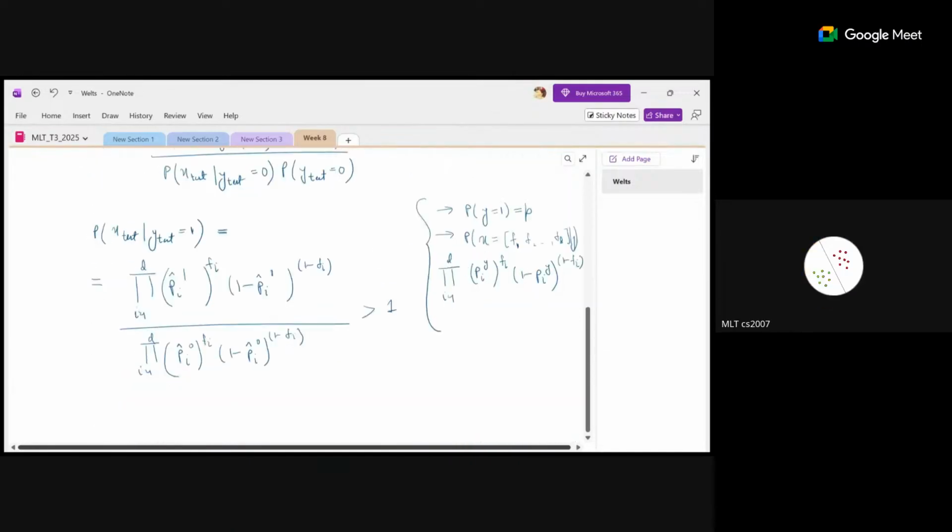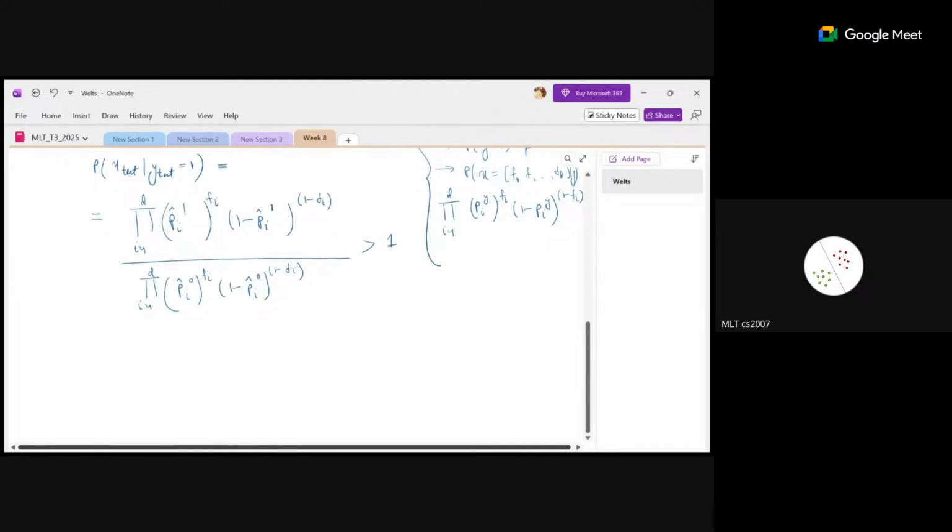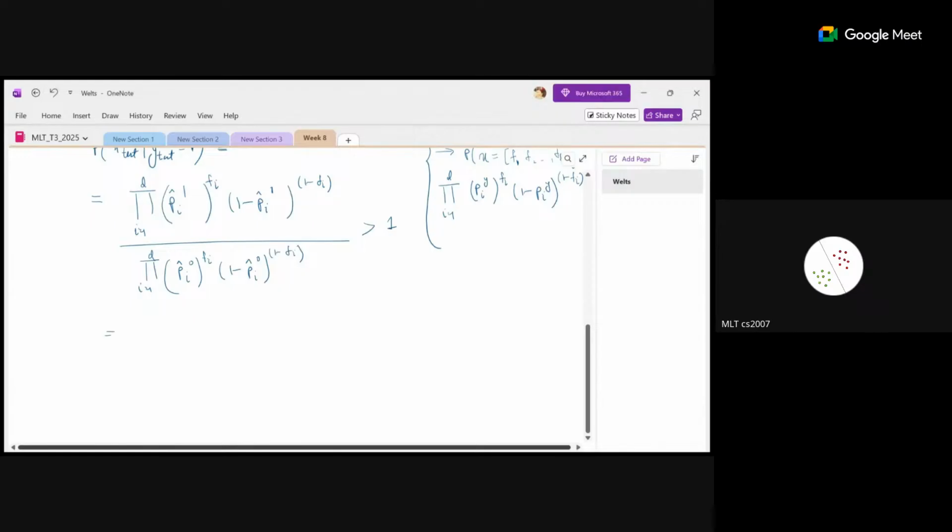Now we can take the log on both sides, and this product will become a summation. But before that, we can combine these two things. Look at the first part of these and the second part of these. The power is the same for both entries.